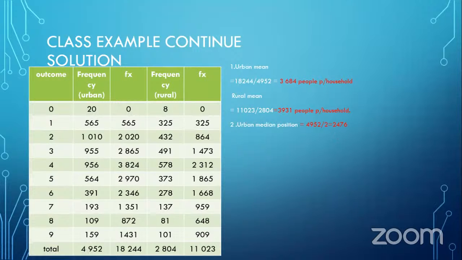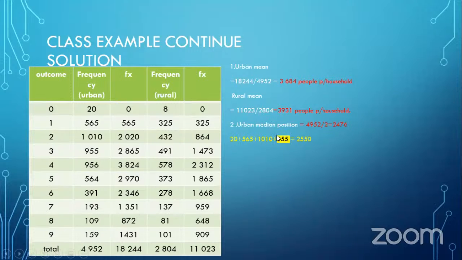We need to understand where our median actually is, because 2,474, we can't see it anywhere. So you take the sum of all the frequencies, adding them until it passes 2,474 or is equivalent to it.